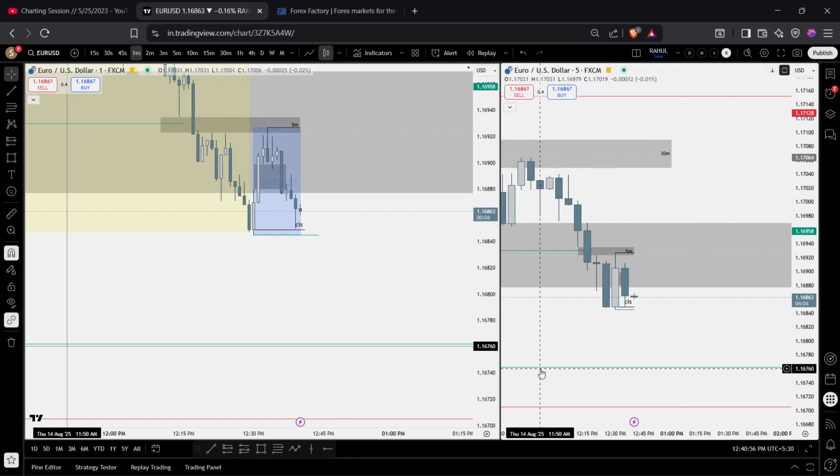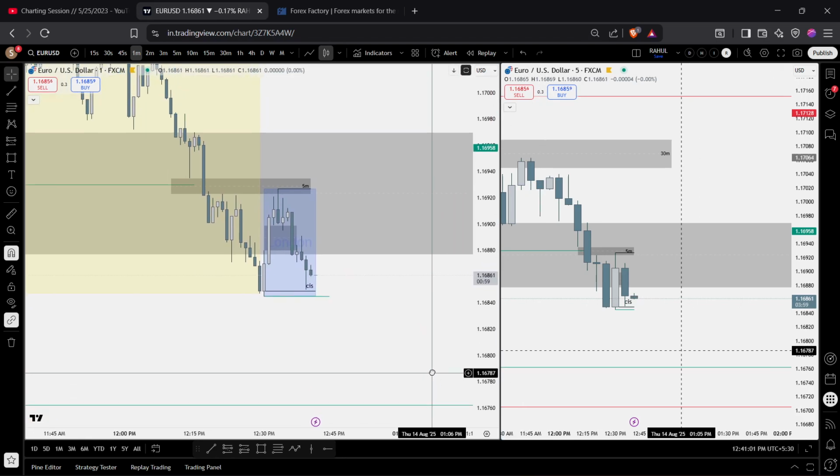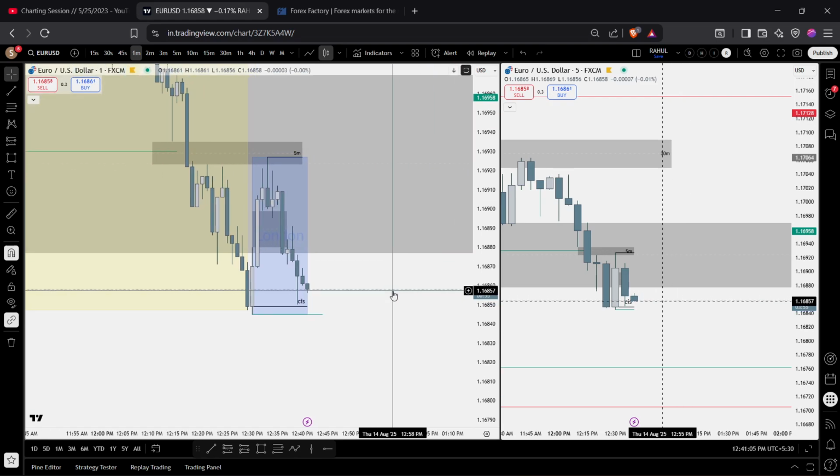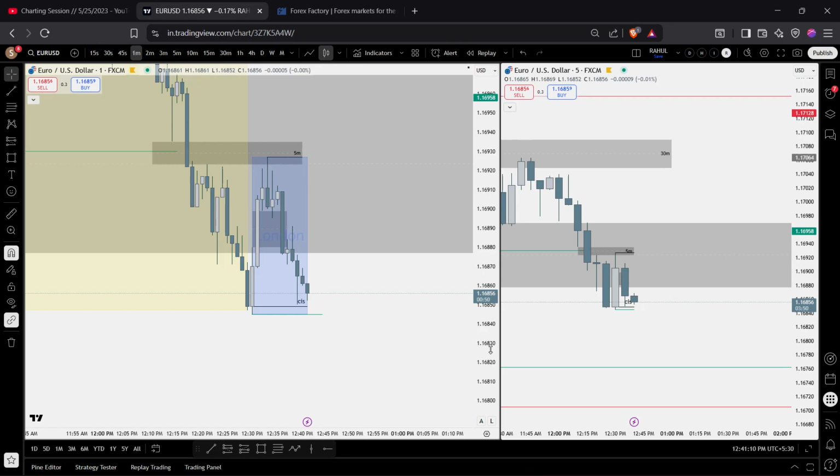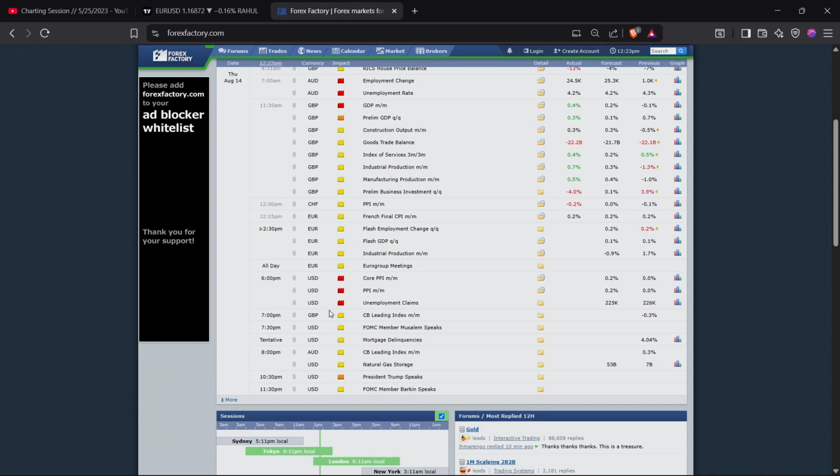Let it play out. Initially I'm thinking about some consolidation, because eventually there is, is it today only?